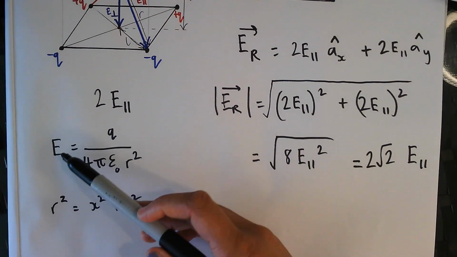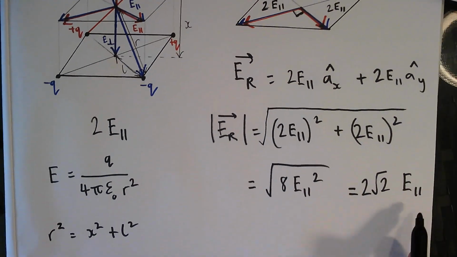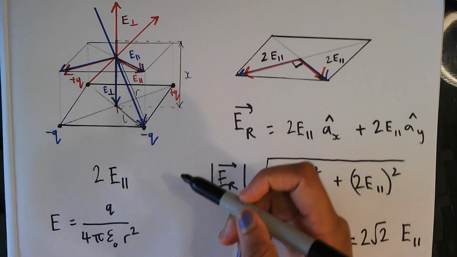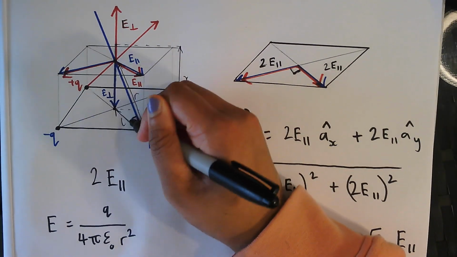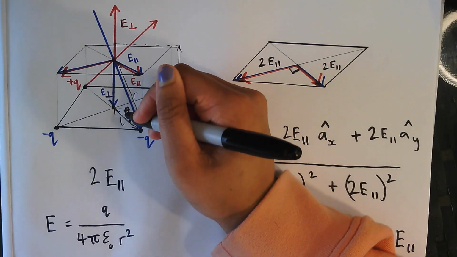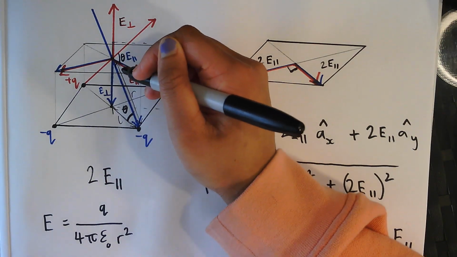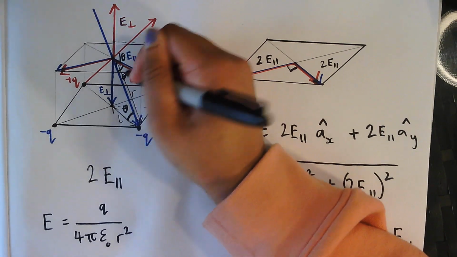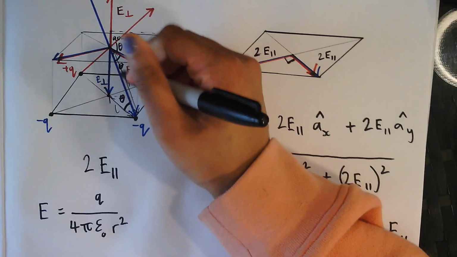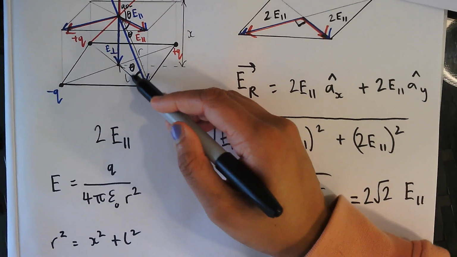But we don't want to know E, this electric field here. We want to know E parallel, so a component of E. So if we call this angle here theta, and that angle is the same as this angle, so this one is 90 minus theta, so it's this angle here, theta, and that's the same as this angle theta here.